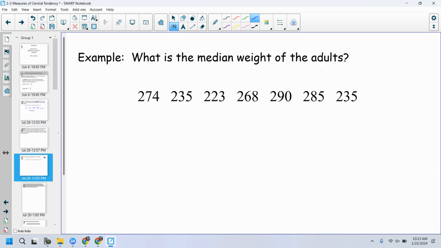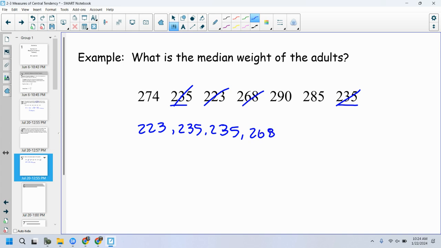What is the median weight of those adults? Now, first thing that we would need to do is put them in order, right? What's my smallest here? It looks like 223 is my smallest. And then my next smallest, I've got 2 235s. Those go away. It looks like my next up is 268.